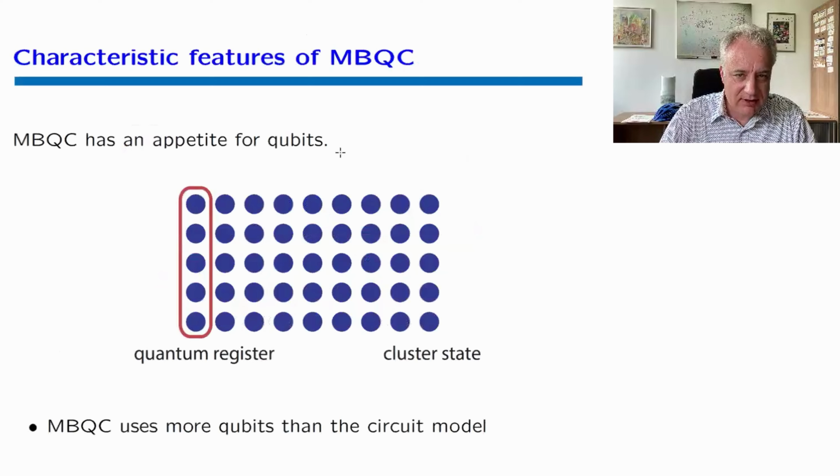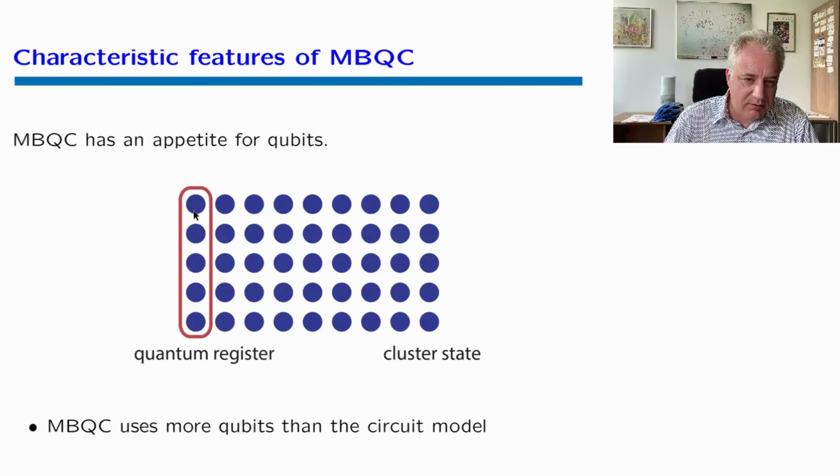So a few characteristics of measurement-based quantum computation, here often abbreviated as MBQC because it's a long word. It has an appetite for qubits. So here you see a 2D cluster state. It simulates a quantum register kind of on a one-dimensional subset of this 2D grid.